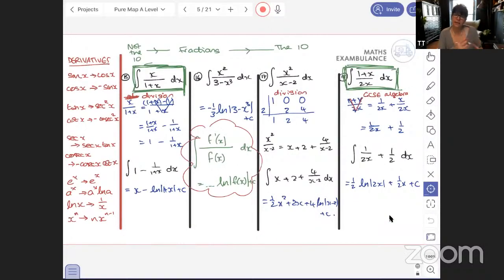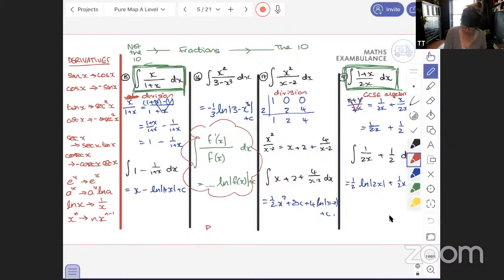We can use techniques of fractions and algebra, maybe even binomial expansion to get an approximation, or small angle approximations with trig to get something that we can integrate, but we only ever integrate the tens.